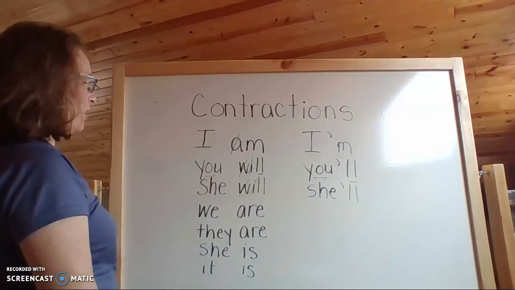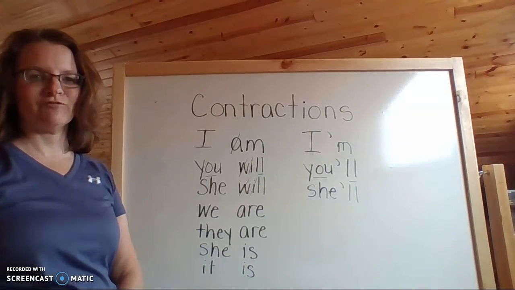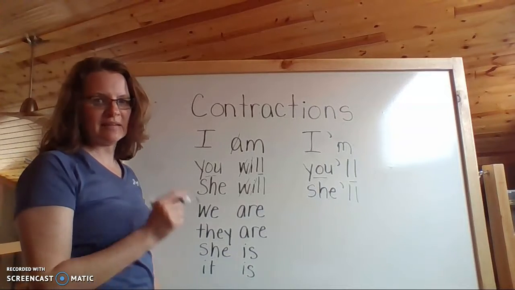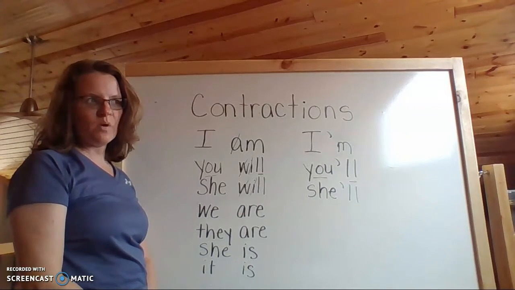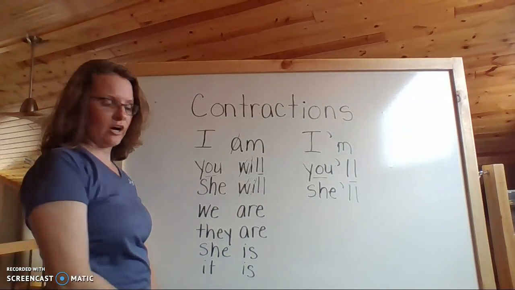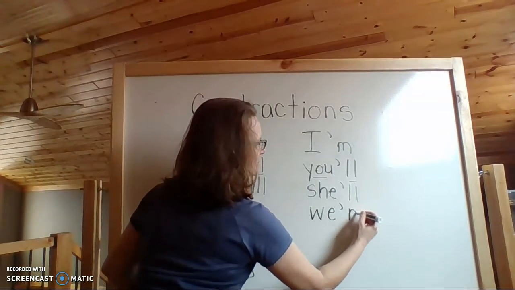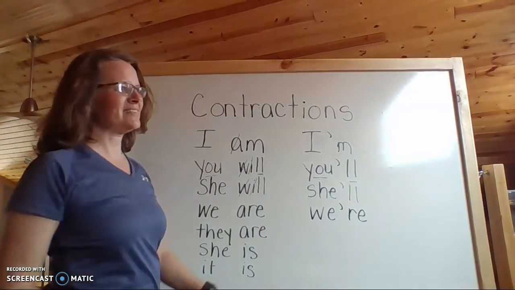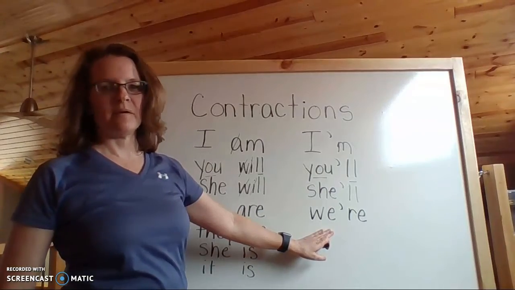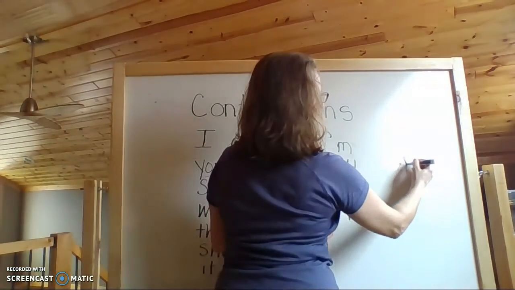Next, we have we are. What's the contraction for this one? Make sure you say it correctly, pronounce it correctly. We are. We're. Make sure you have a long E. Sometimes, some of you like to say were, but remember that is this word.